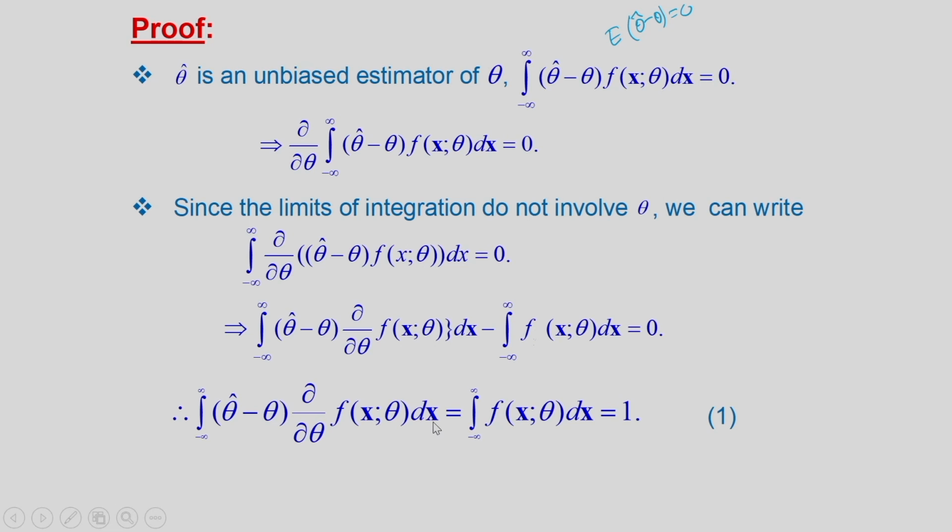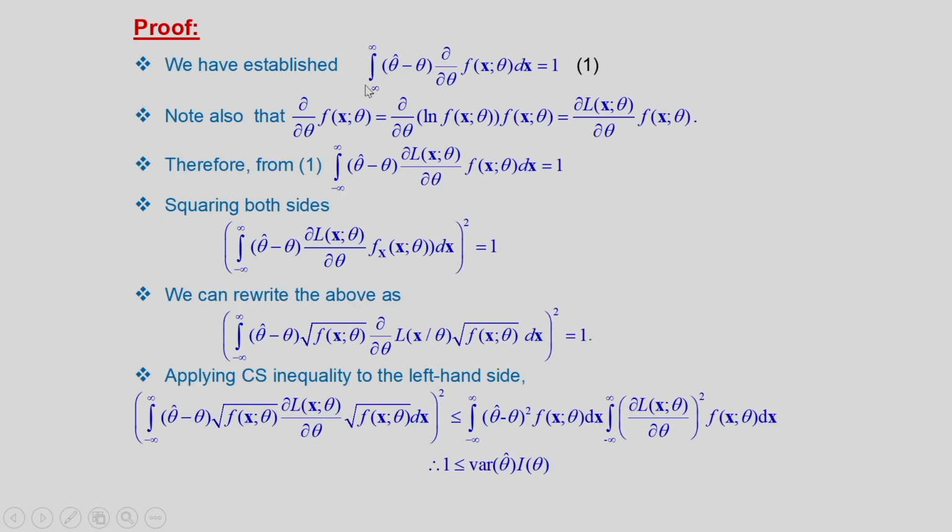This result is very important for us. Now, we have established that the integration from minus infinity to infinity of (theta hat minus theta) times del del theta of f of x, theta dx is equal to 1. Suppose we call this expression 1. Note that this partial derivative del theta of f of x, theta, we can write in terms of the log likelihood function like this: del theta of log of f of x, theta times f of x, theta.